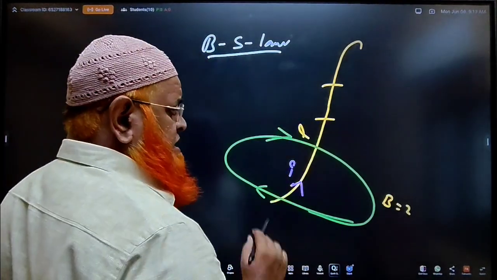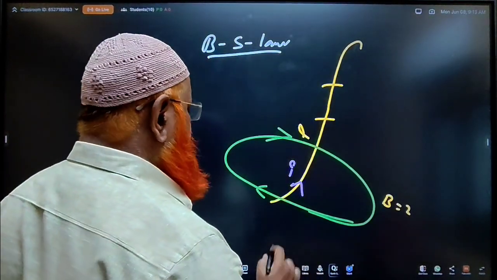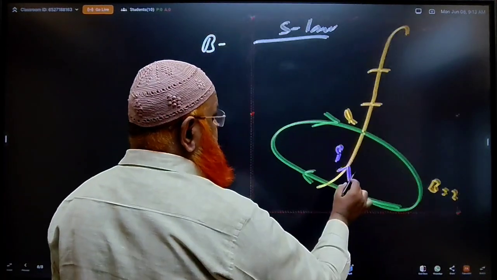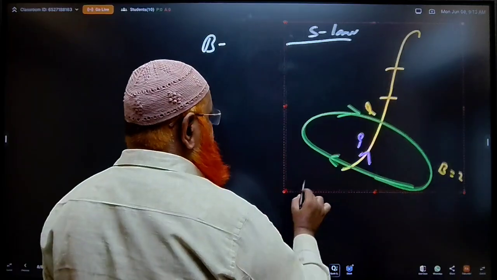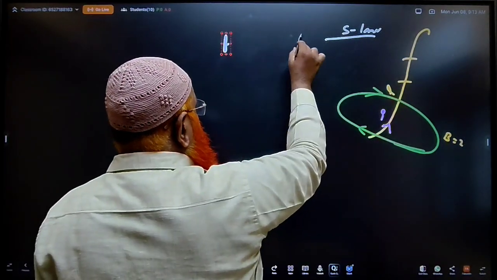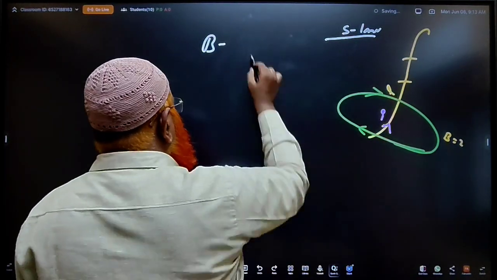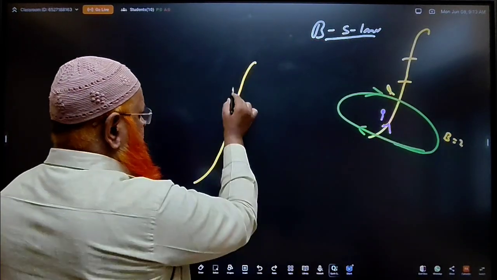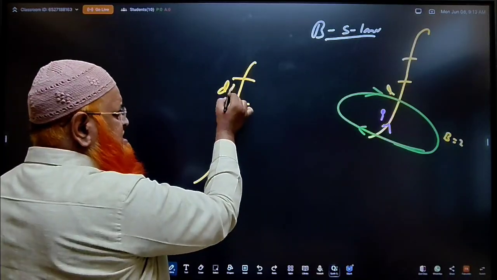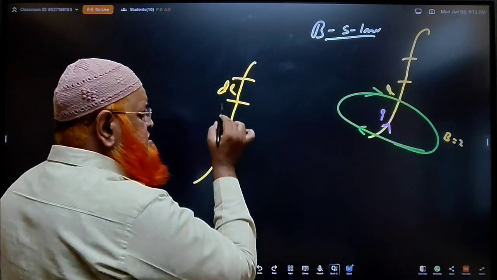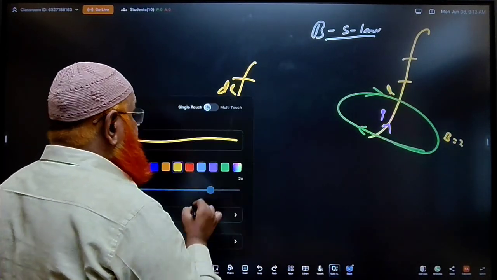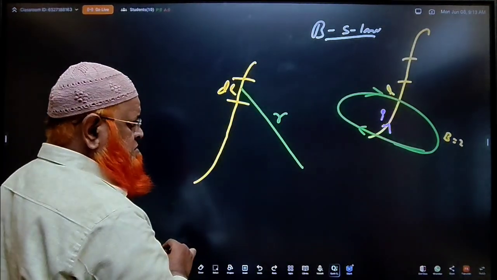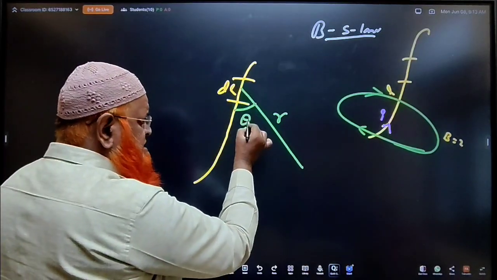For the total wire, we will not consider. We will consider only the smallest part of a wire now. For the total wire, if it is B, then for the smallest part, how much is it going to be? We shall discuss that. Now just see, here I have taken one wire. For the smallest part of the wire whose length is dL, where total wire length is L, I am considering a distance r, and this is making a certain angle theta.